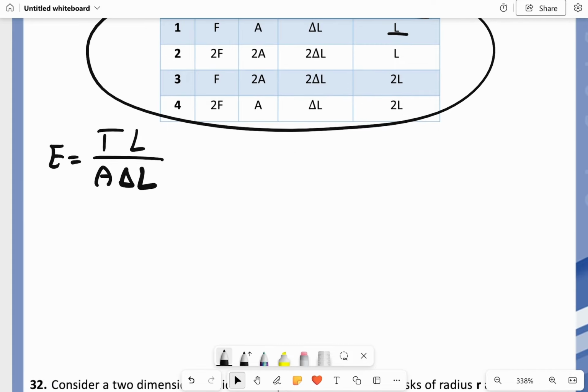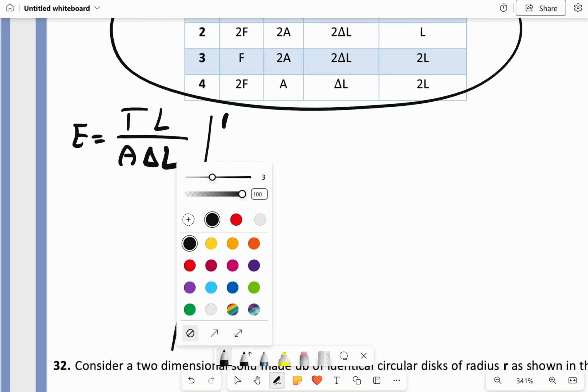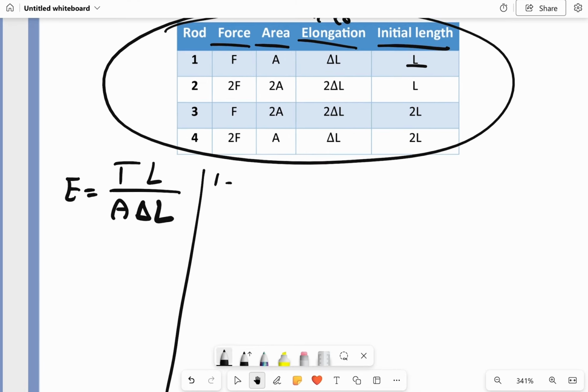Now 1, let's solve 1. Let's do them here. So 1, you have F, which is the force.